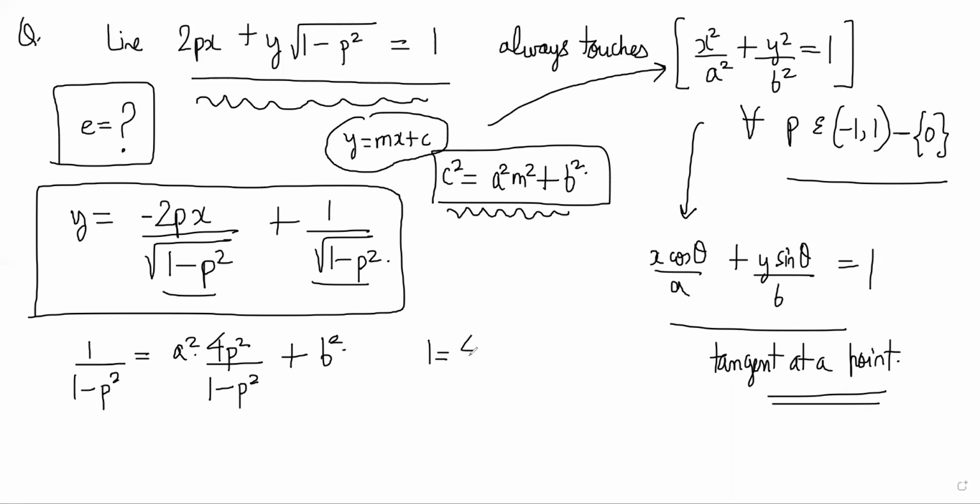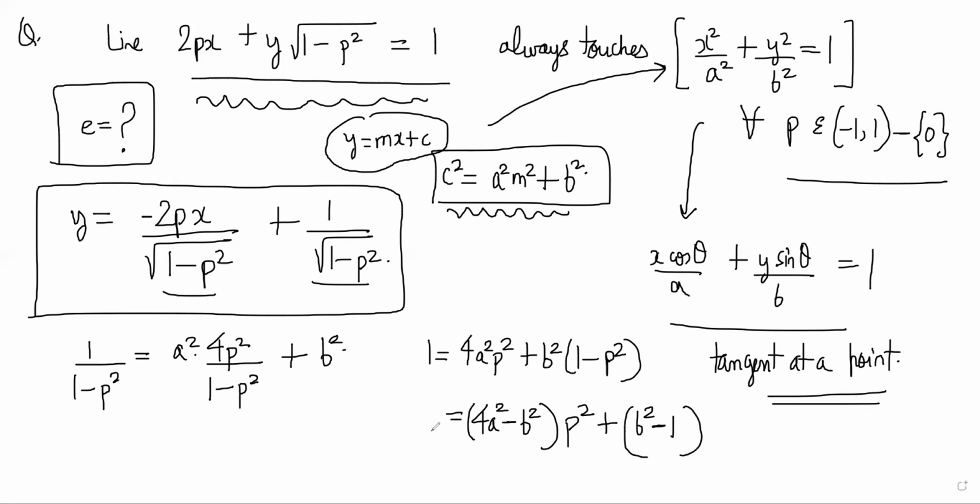It becomes 4a square p square plus b square into 1 minus p square, right? Yeah. So we are getting 4a square minus b square into p square plus b square minus 1 is equal to 0, right? Yeah. So this is 0.